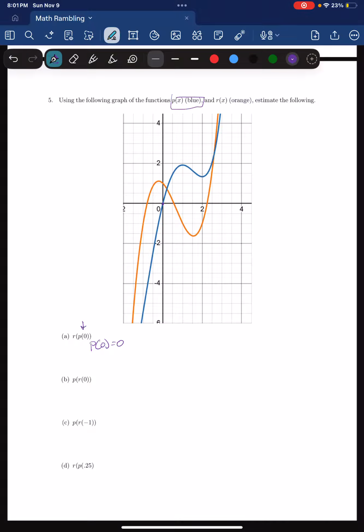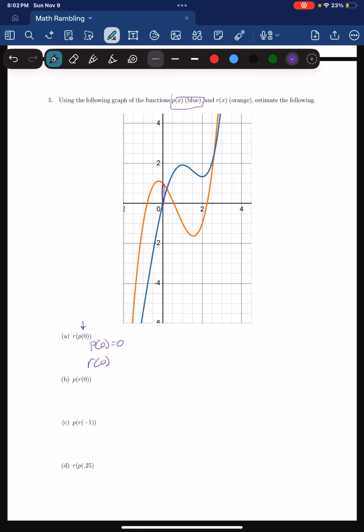Okay, and now we just need to find R of P of 0. P of 0 is 0. So really, we need to find R of 0. Okay, we could do that. R is the orange line. What is the y value at 0 on the orange line? Let's see.